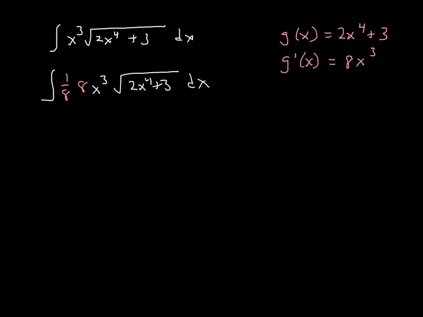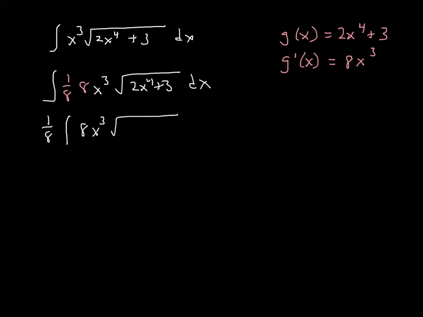Now, that 1/8, I'm going to pull that out. So that's going to be 1/8 times the integral of 8x cubed times the square root of 2x to the 4th plus 3 dx.